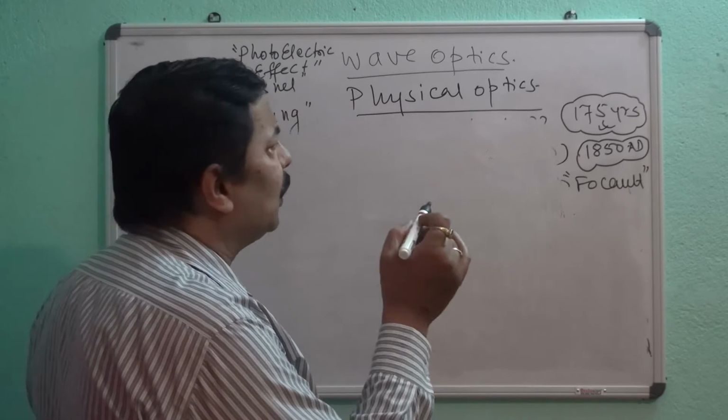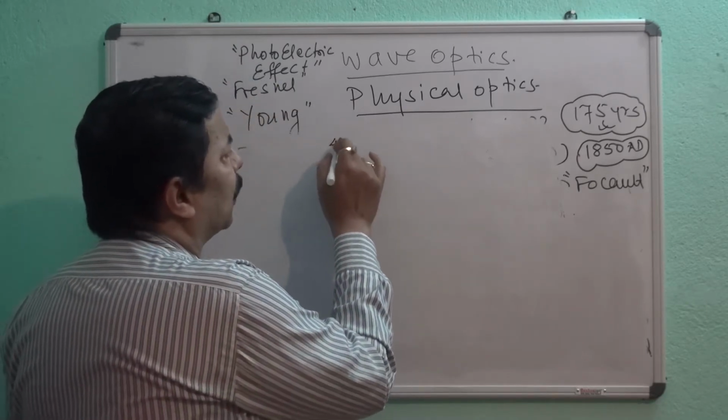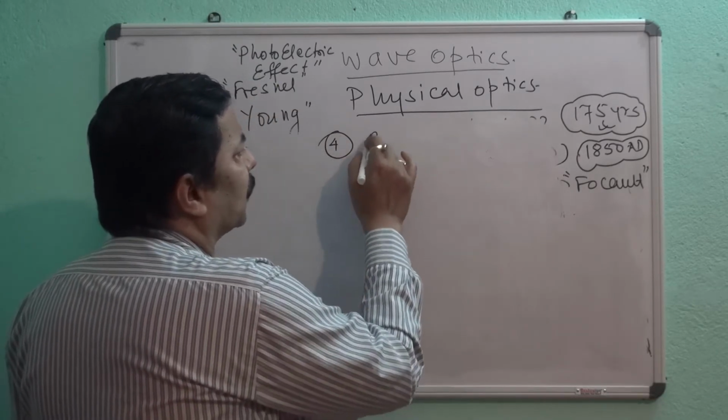So the next theory came, that is the fourth, the quantum theory of light.